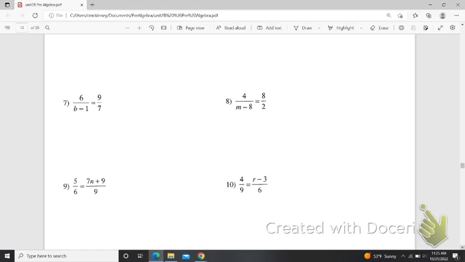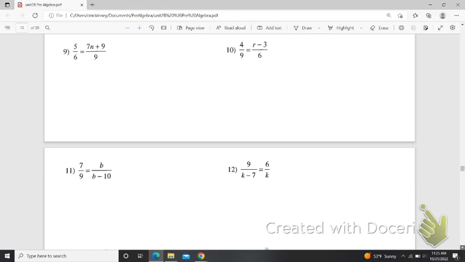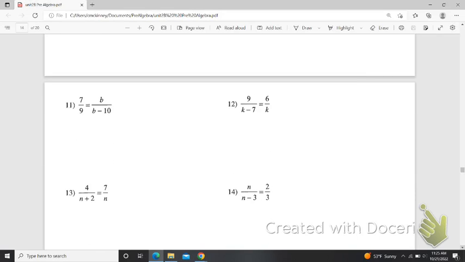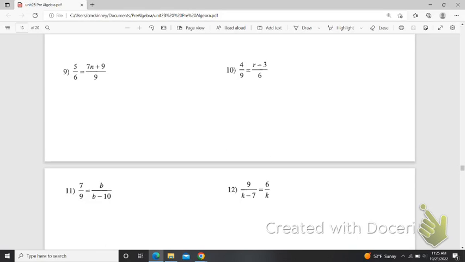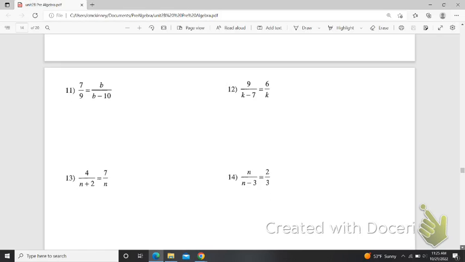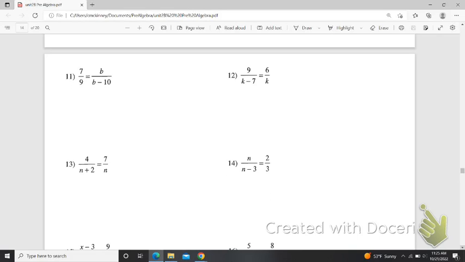6 through 10 are very much like the example that we just did together on the other page. But when we turn the page over, we start seeing ones where there are more variables. See, we only had one variable here. When we turn the page over, we start seeing that there are problems that have the variable in more than one place.